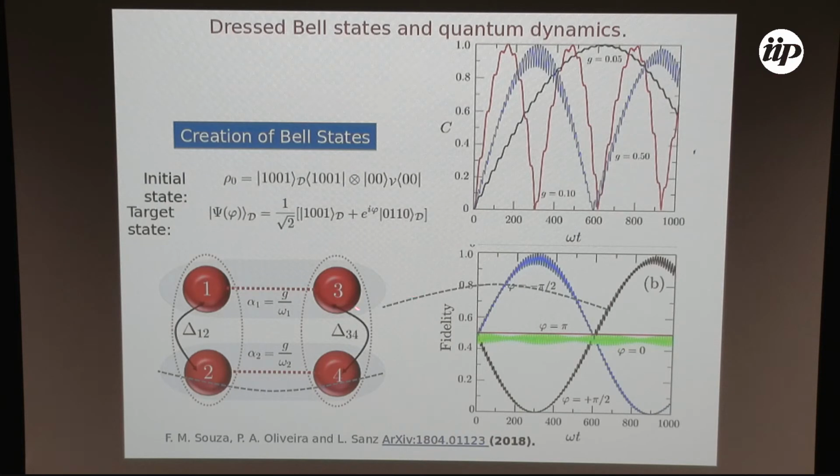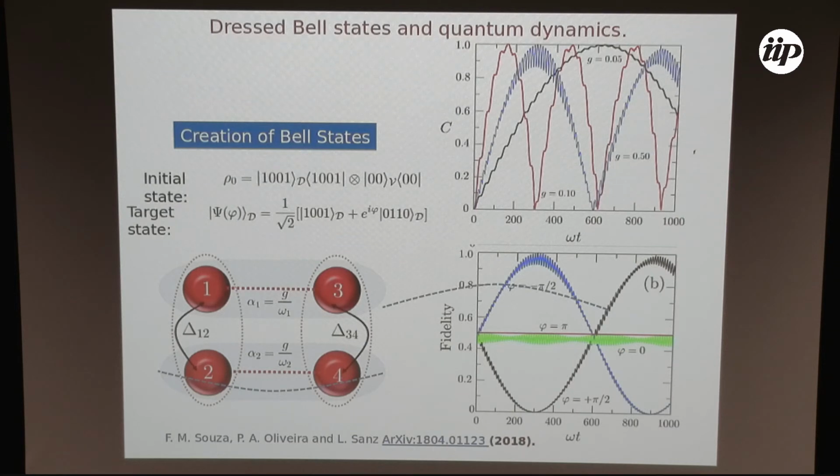So we are showing that we are generating entanglement between, let's say, faraway qubits using the vibrational mode of the carbon nanotube.